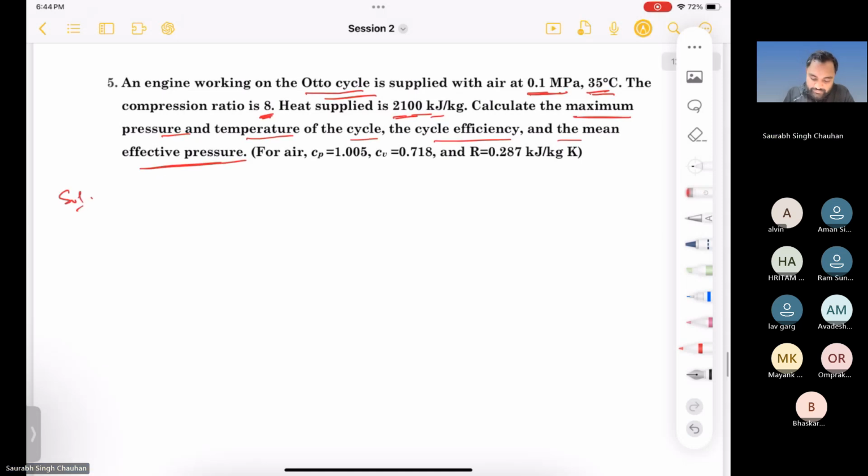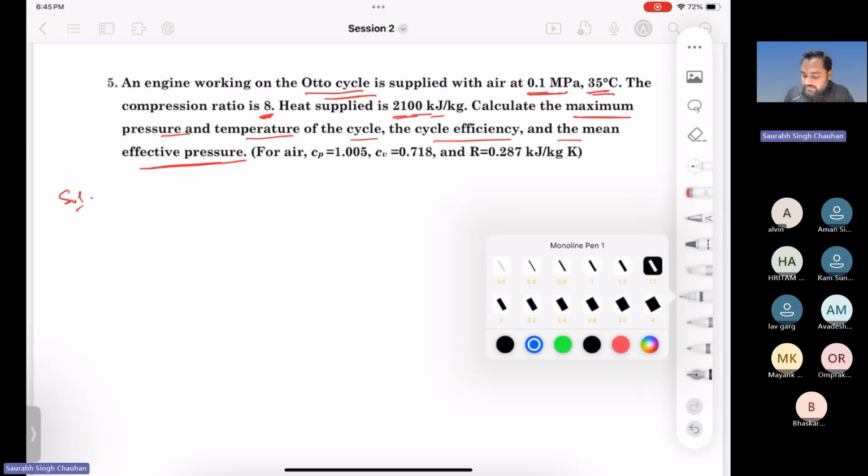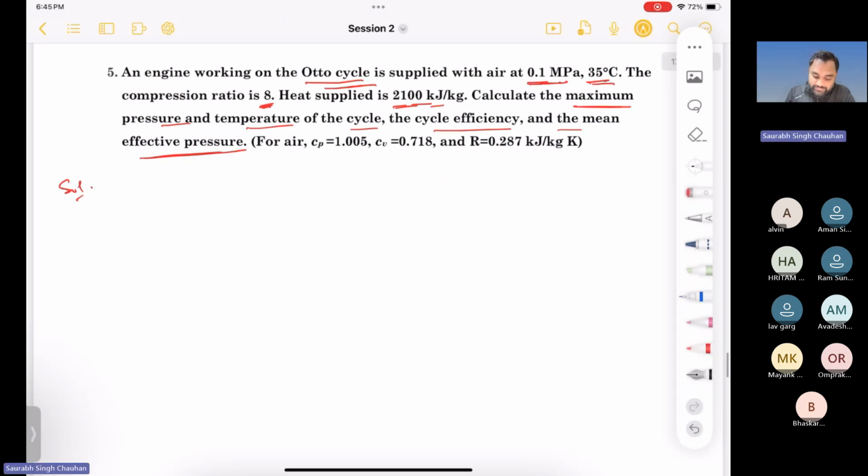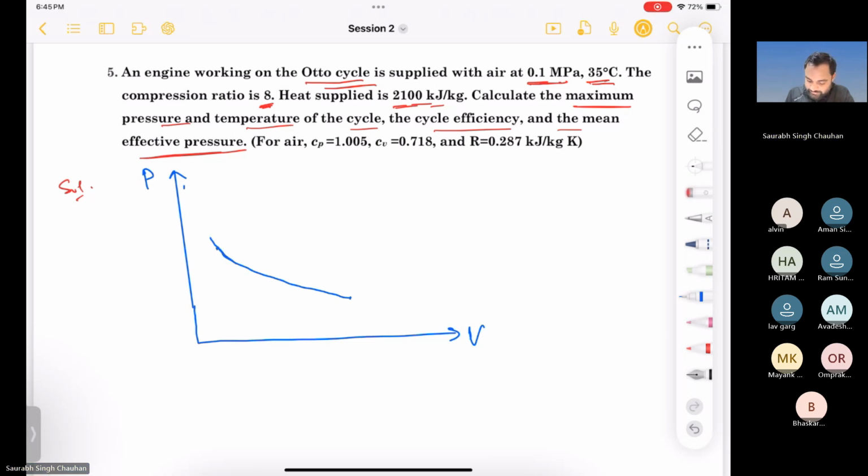Okay. So this is an Otto cycle. To start with, first of all, we should make the PV diagram for the Otto cycle. First of all, there will be isentropic compression, right?